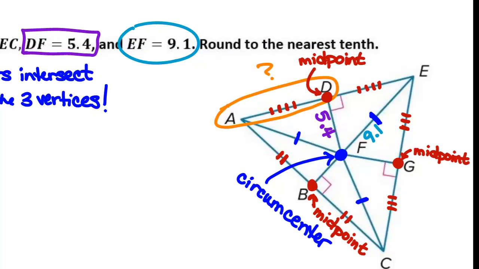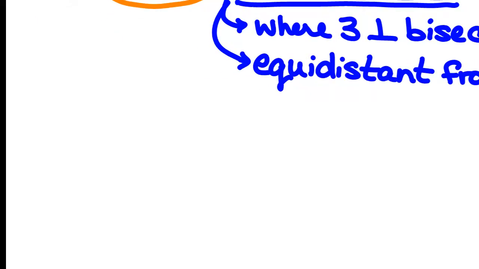I want you guys to look carefully at this little triangle inside the big triangle. What kind of triangle is that little guy? It's a right triangle. What is it that we're allowed to use to find missing sides of right triangles that we can't use with any other type of triangle? Pythagorean theorem.